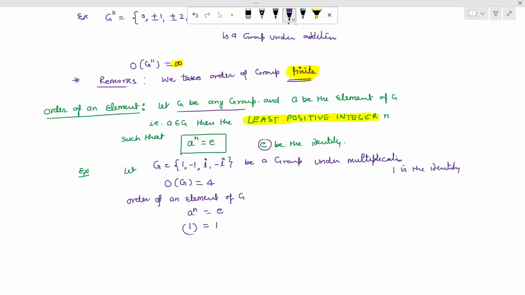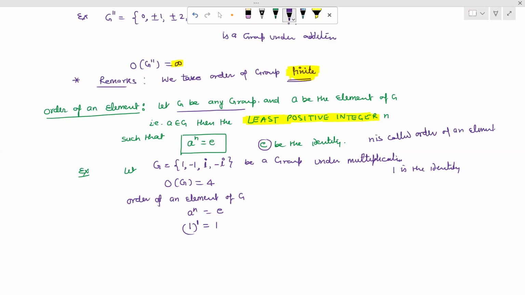How to take the power which makes it equal to 1? The least power: n equal to 1, since 1 raised to the power 1 is equal to 1. So this n is said to be the order of an element. Remember, n is called the order of an element.